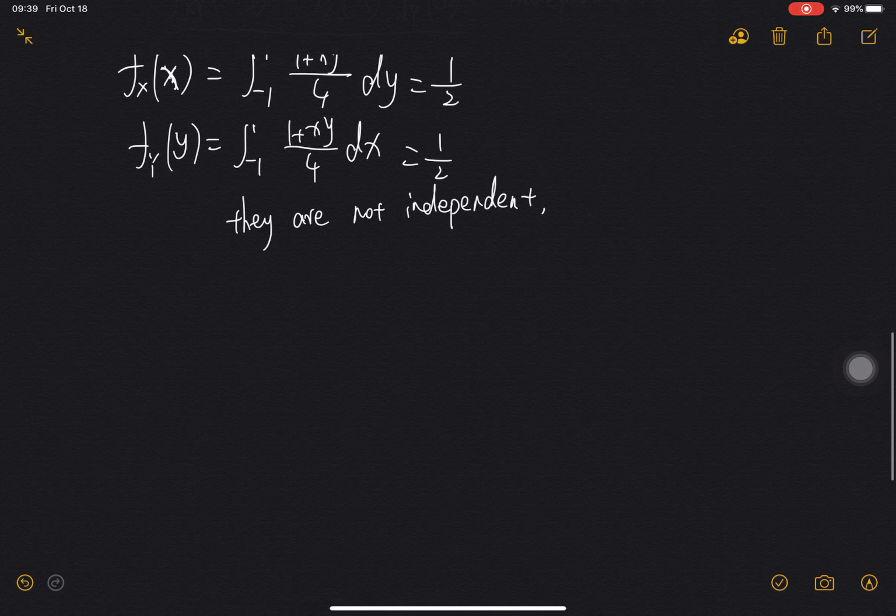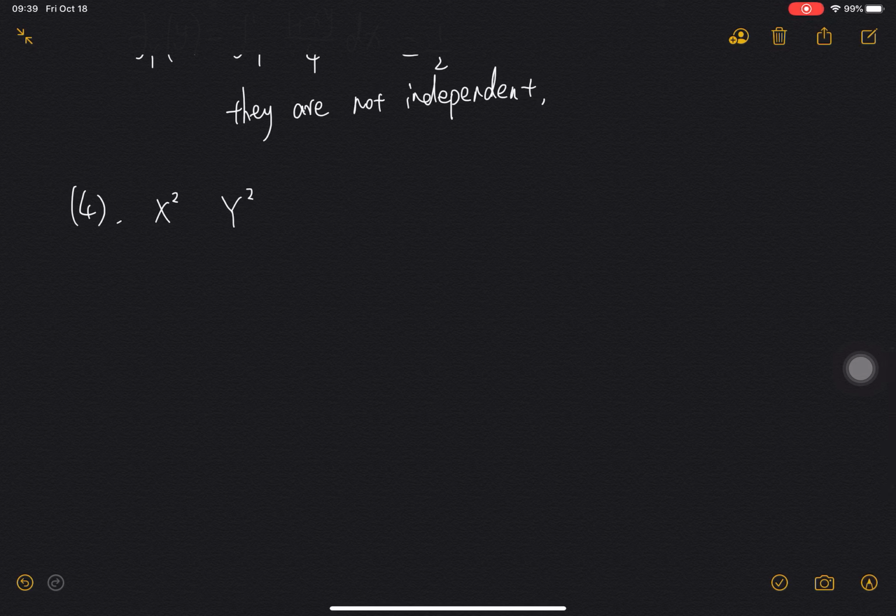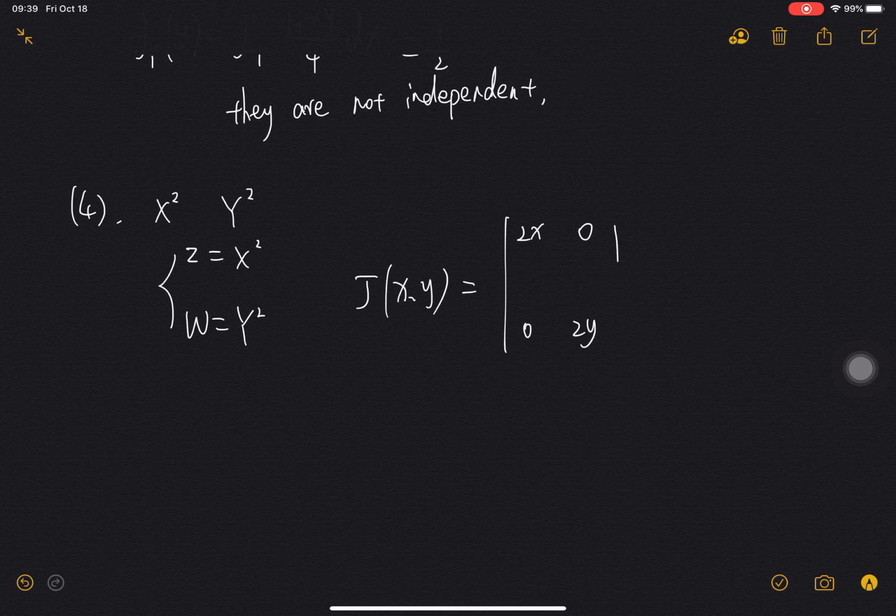Alright, and the fourth question. We need to find the joint density function of x squared and y squared. It's easy if we set z equals x squared and w equals y squared. We can have the Jacobian matrix as this. Right.